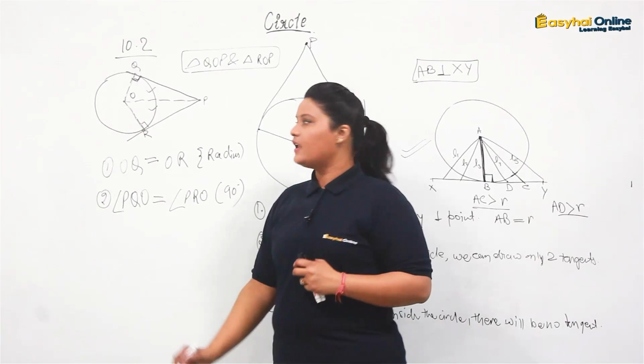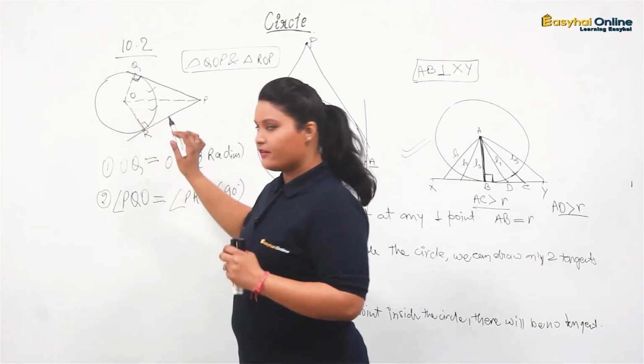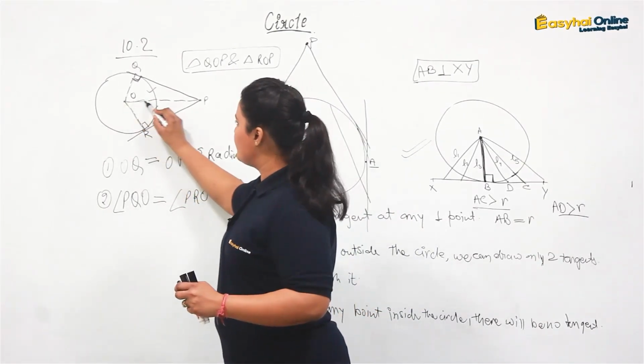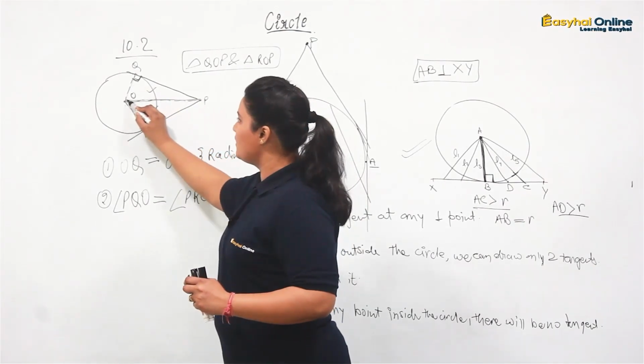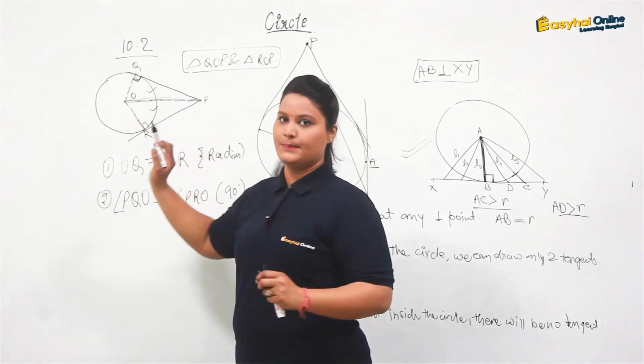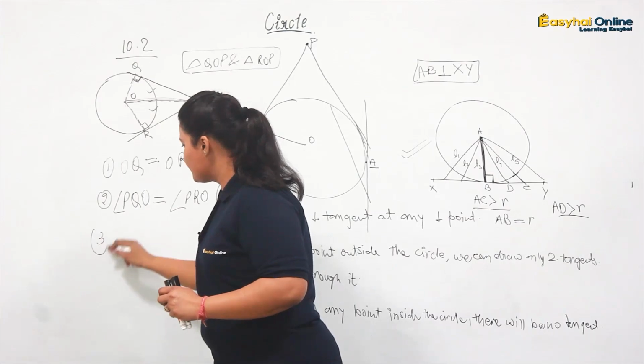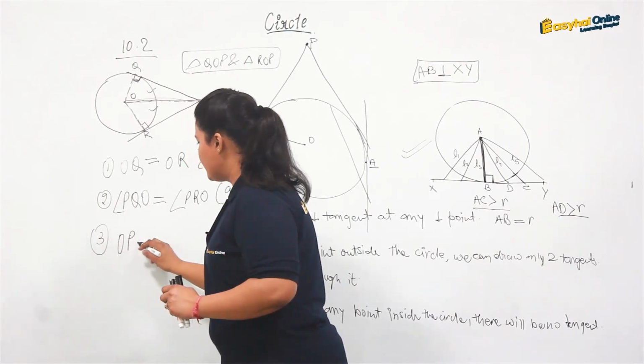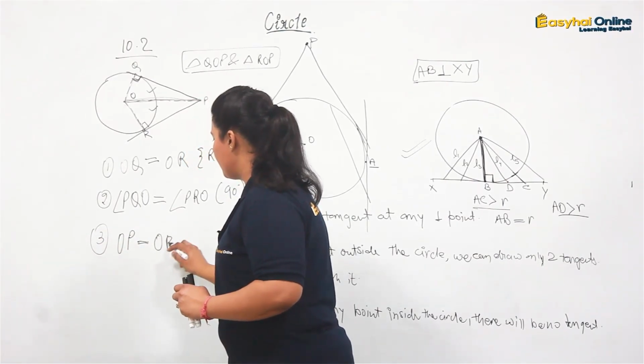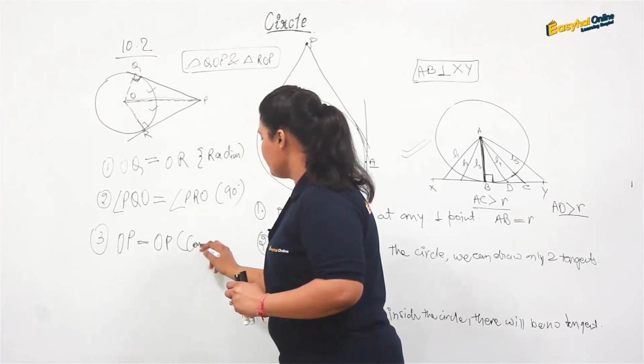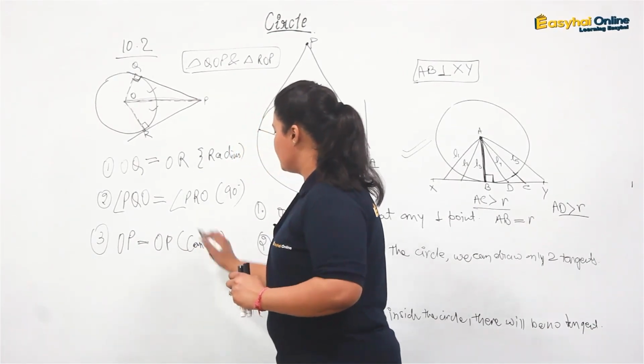Clear? Now look at the triangles carefully. Here is one dimension which is common in both the triangles, which is OP. So the third part is OP equals OP, and I can mention this is the common part in both the triangles.